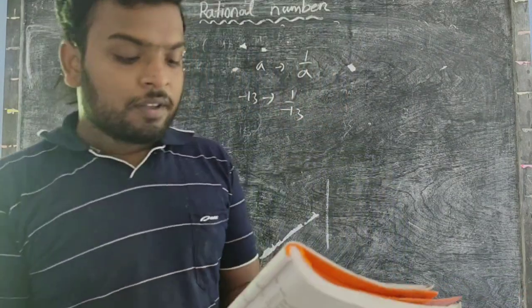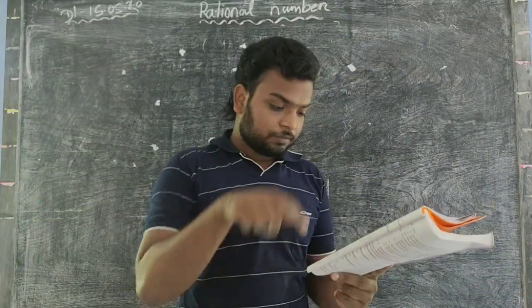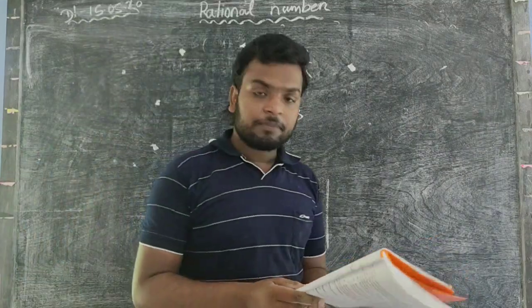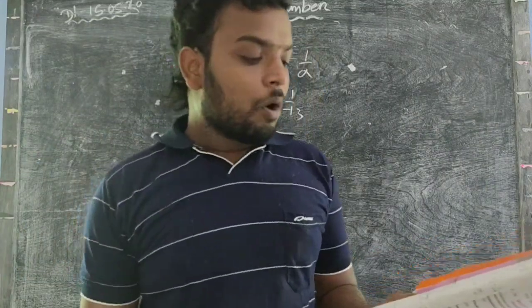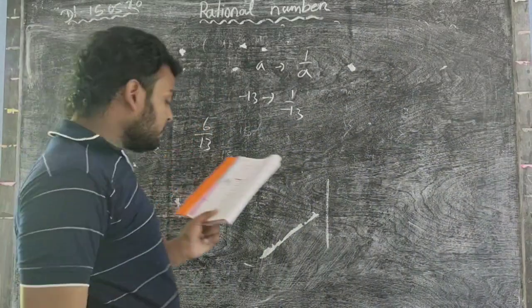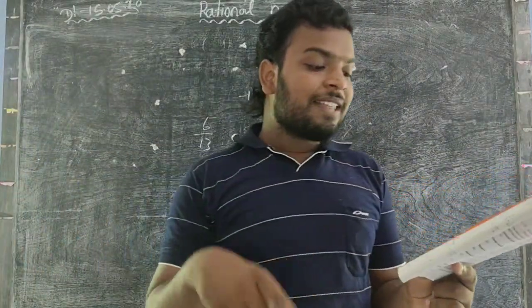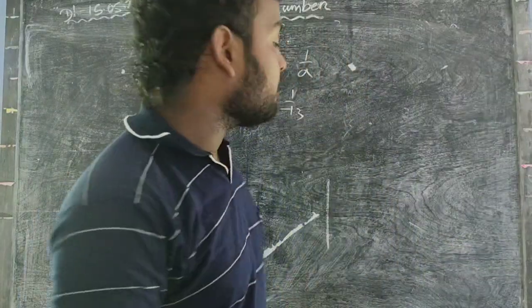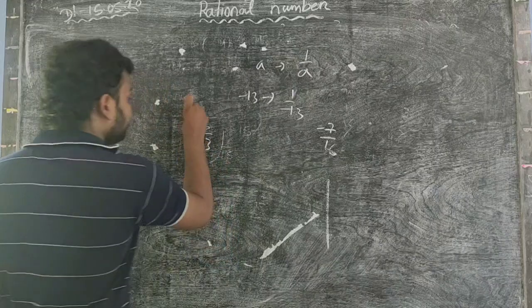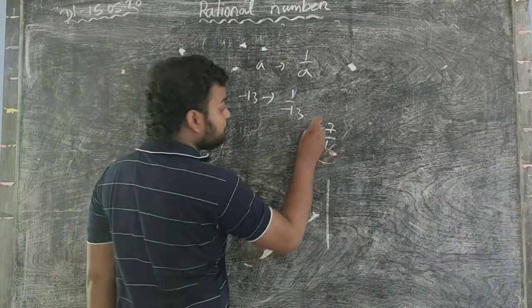The 5th number, write down the property. Which property is used in this case? You write the property. Then 6th number, multiply 6/13 by the reciprocal of minus 7/16. So multiply this with the reciprocal of this.